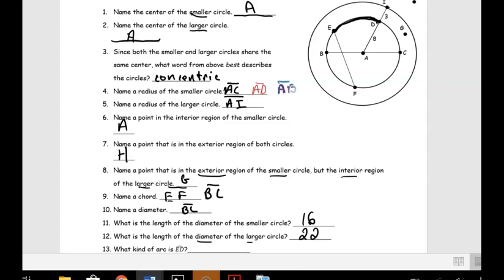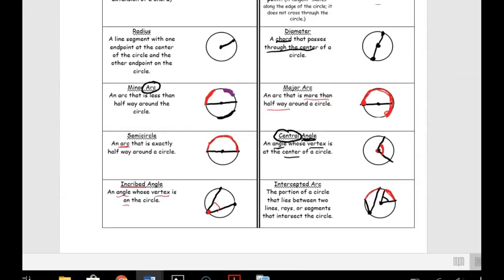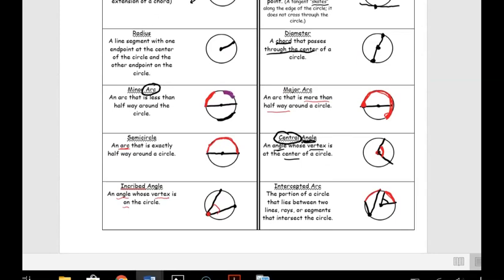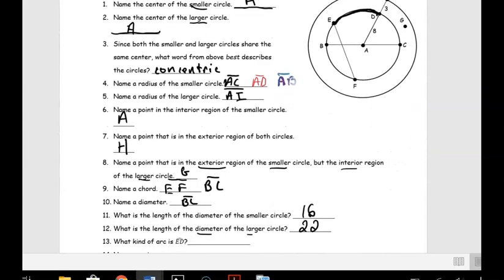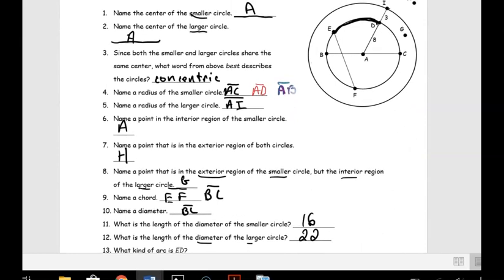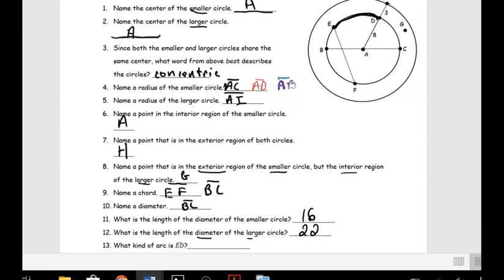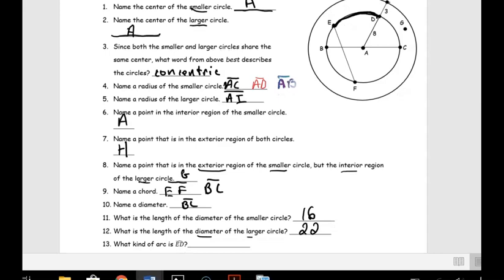There are two ways that we can define this arc. We have either a minor arc, which is less than half of the circle, or a major arc, which is more than half of our circle. If you see the little arc symbol above ED, that's why we know it's an arc.